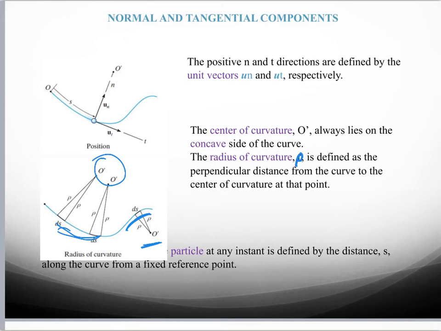You might like to think of it more as an R, but the radius of curvature is a little bit more general and implies that it can change as we go in different parts of the path. Obviously, the radius of curvature over here is different than it is over here.